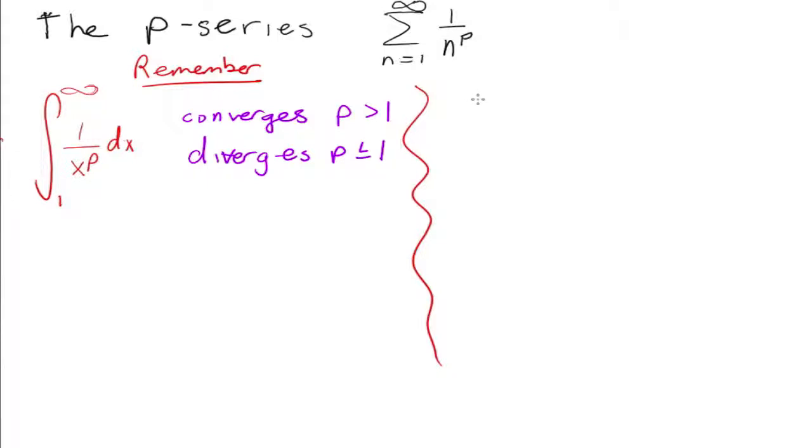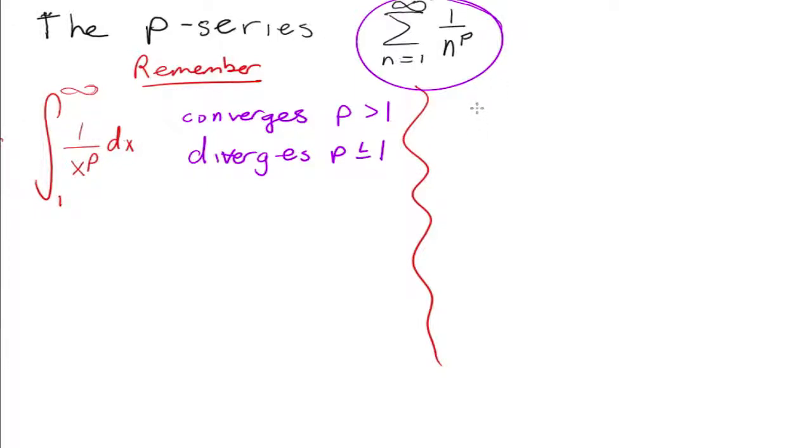Okay, so take a look at that series. If you use the integral test, without doing any of the work, you would get the p integral, right? And so what does that tell you about the p series? Exactly the same thing, right?